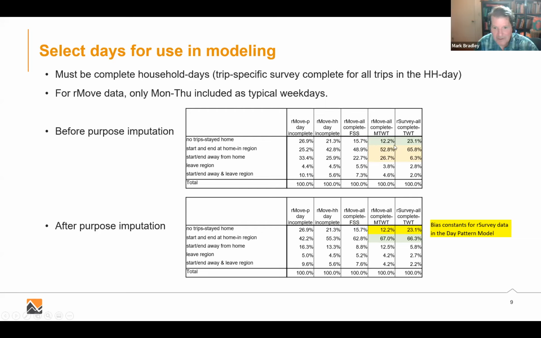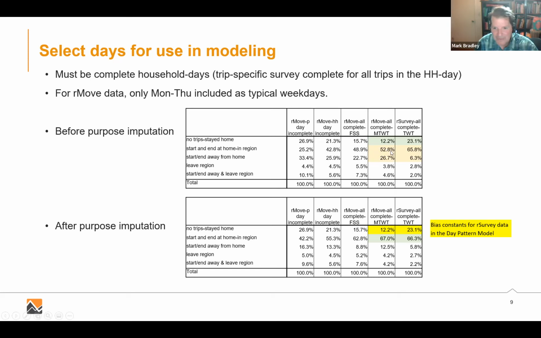So before the data processing, we would really only use the first two rows in the models. And you see for our move data, we were losing more days before we did the imputation, because we had a lot of cases where people didn't report ending their day at home, even though the data showed that they did.